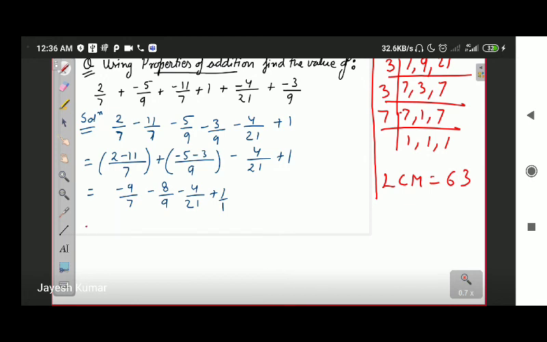So what we need to do is multiply the numbers accordingly so that we get the denominator as 63. First of all, minus 9 upon 7: what should we multiply with 7 to get 63? 9. Plus minus 8 upon 9: what should we multiply with 9 to get 63? 7.